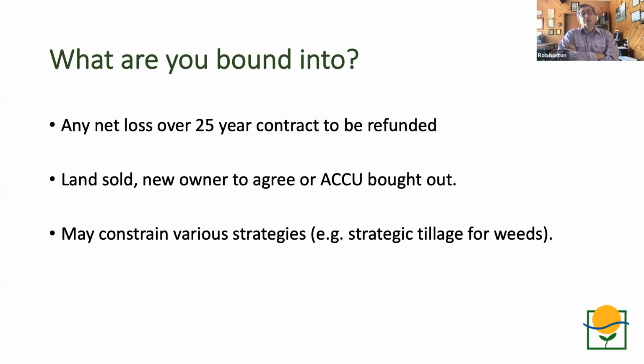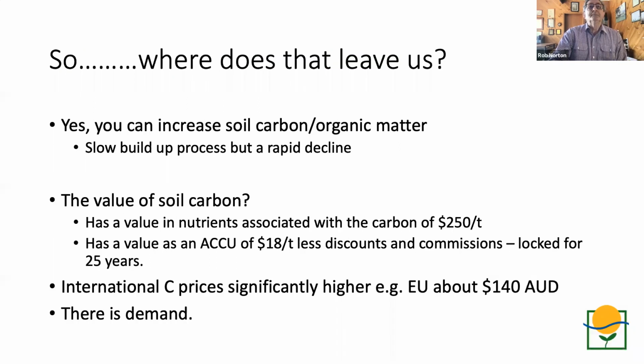Theoretically, if you looked at the carbon effects of liming, that also could be taken in as a negative, because when you put lime on soil, you actually produce carbon dioxide. So those contracts bind you into a whole lot of things that you need to think through pretty carefully, with your advisors and with the aggregators and with everybody involved in the farm.